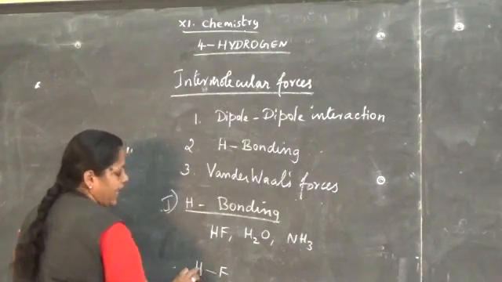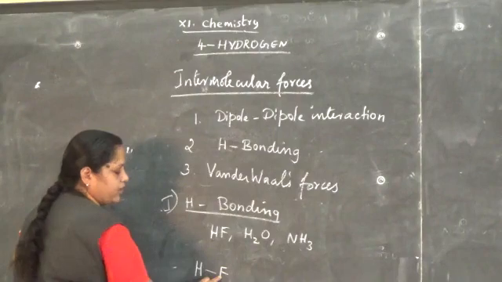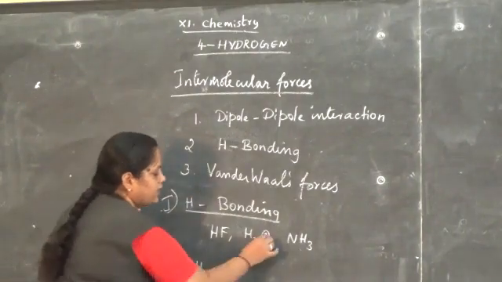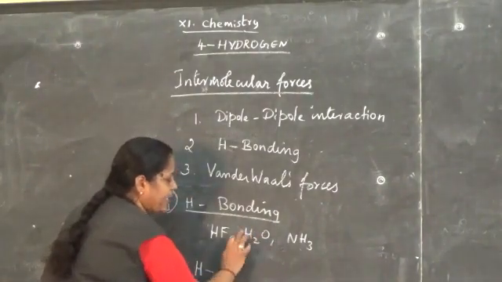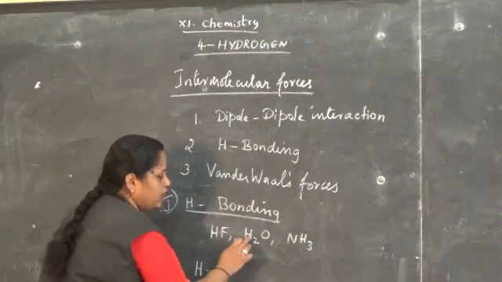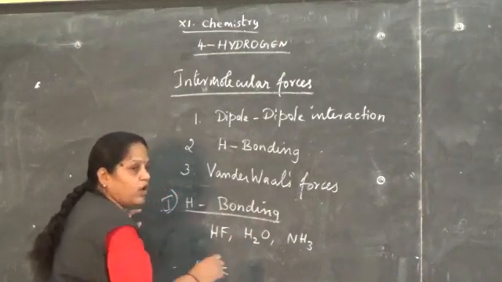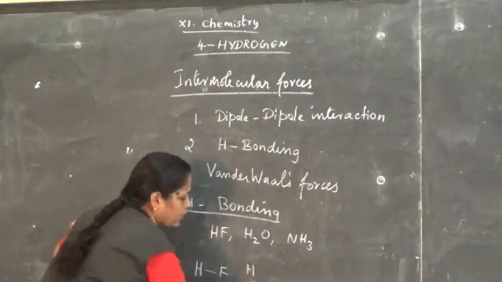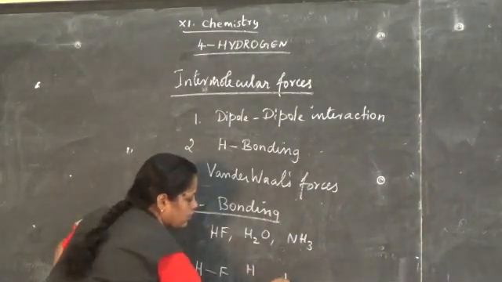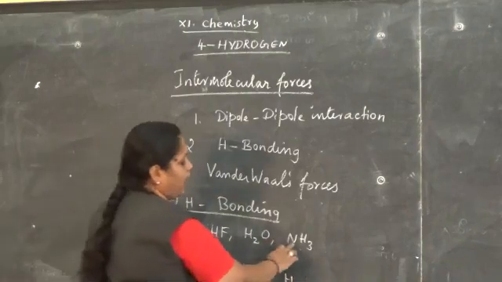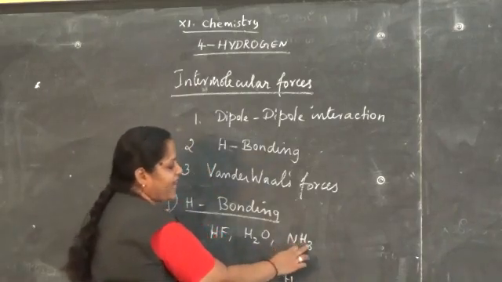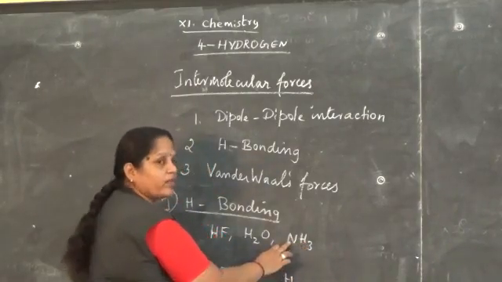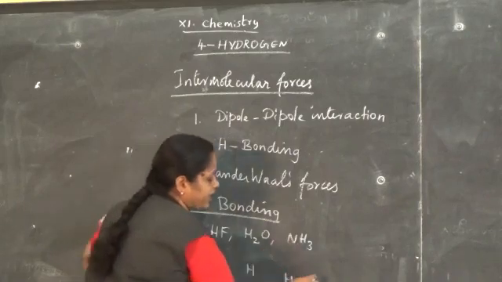So, here hydrogen forms a covalent bond with a fluorine atom. Similarly, in the water molecule, two hydrogen atoms form two covalent bonds with an oxygen atom. In the ammonia molecule, three hydrogen atoms form three covalent bonds with a nitrogen atom.